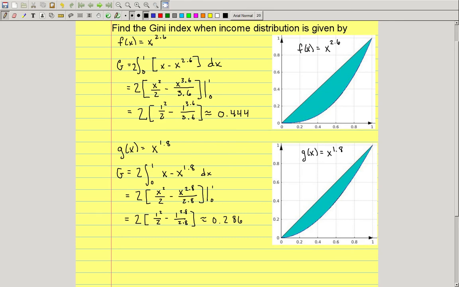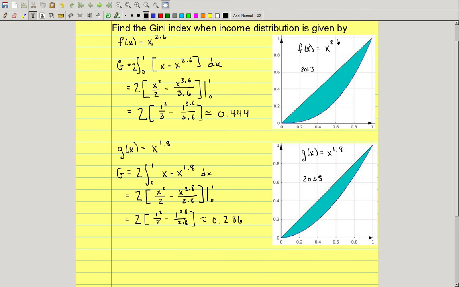And we compare this result to our previous value. Now, for the 2013 estimate, we see that the income distribution index is approximately 0.444, and for the 2025 estimate, we see that our income distribution index is given by 0.286. Because the second value is closer to 0, that means that our income distribution is closer to equality.